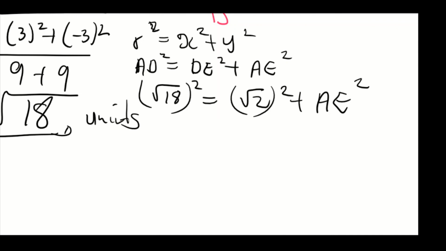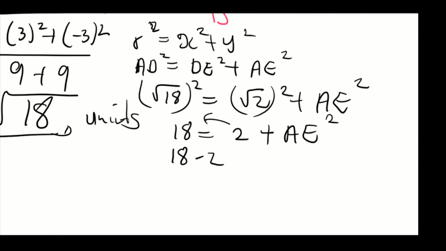So we can first find the answer. The root of 18 all squared is going to give you 18, equals to the root of 2 all squared is going to give you 2, plus AE squared. Transpose the 2 to the other side, we have 18 minus 2 is equals to AE squared, which you'll get 16 equals to AE squared.